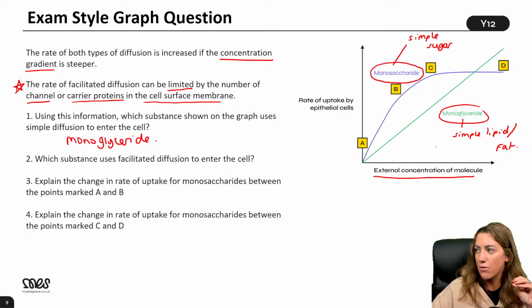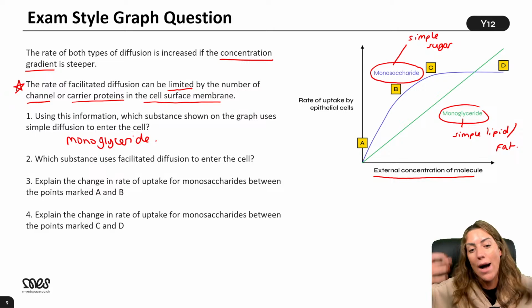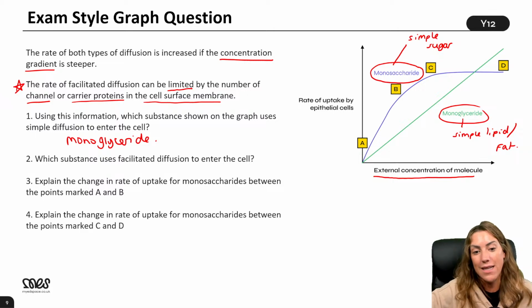The monoglyceride, this green line, shows that if we increase the external concentration, the rate will keep increasing, because we're increasing the concentration gradient. If we keep adding more and more of this substance outside the cell, it will keep going in faster and faster because it's using simple diffusion.